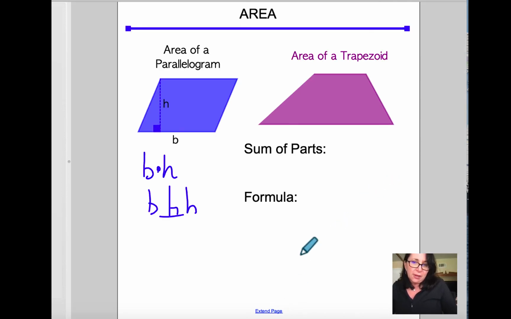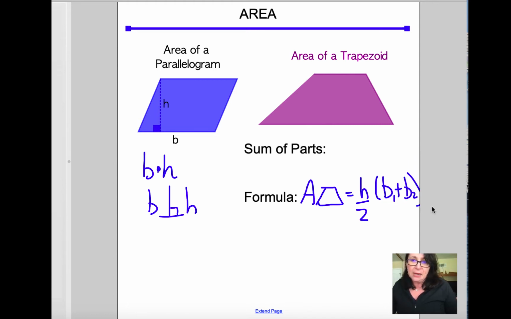The formula for the area of a trapezoid is equal to the height divided by 2 times the sum of the bases. All right. But realistically, there are a couple of ways to think of it. You could think of it as a parallelogram, possibly, if you drew it right.